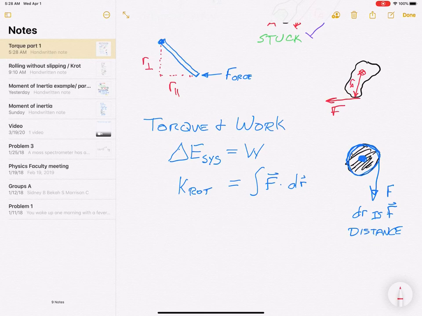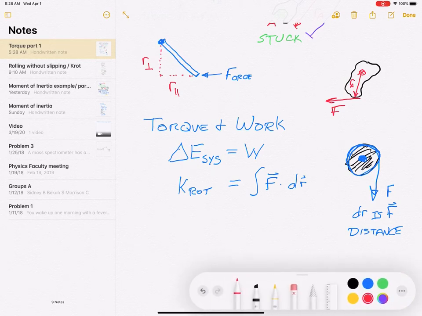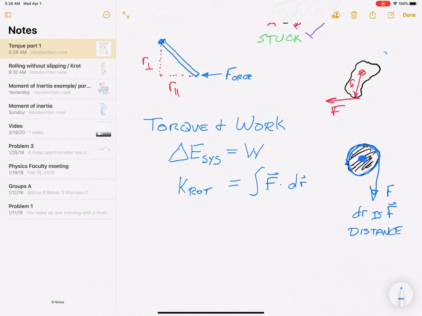But what this force is going to do is cause this asteroid to rotate as well as move. It's going to rotate, and it's going to have a standard velocity this way as the force causes the center of mass to accelerate. So we'd like to be able to talk about this in terms of energy. And that's where we're back with F dot dr.